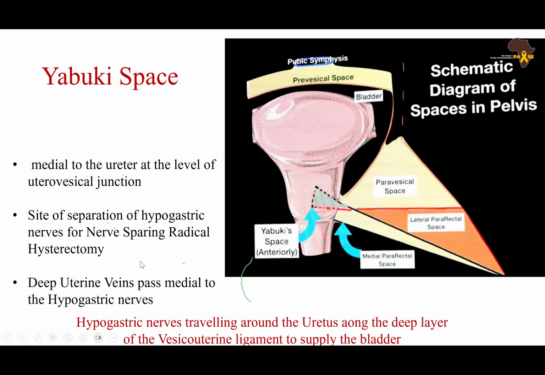But of importance is the deep uterine veins are passing just medial to these hypogastric nerves. So this area has to be occasionally dissected when you have to go very deep, dissecting all the way into the ureteric tunnel to separate a ureter that has been compressed by endometriotic nodules, causing maybe hydroureter and hydronephrosis.